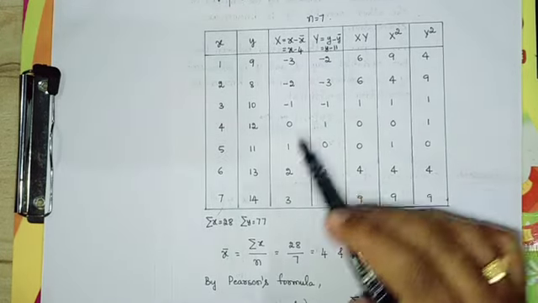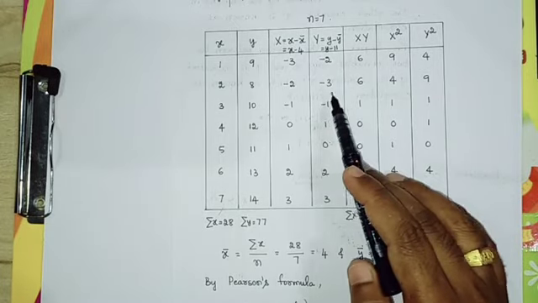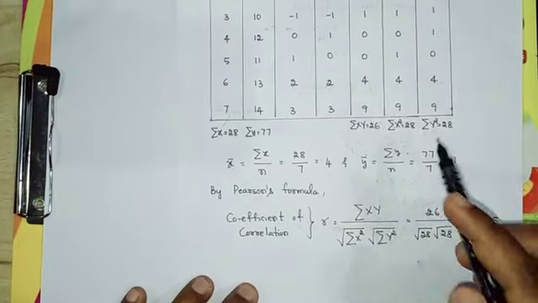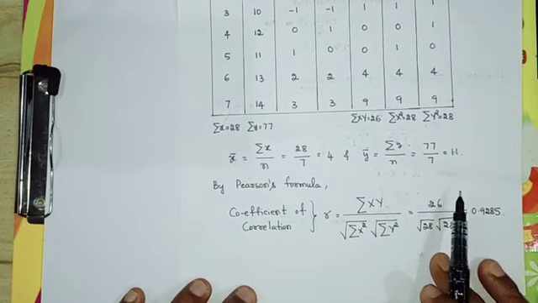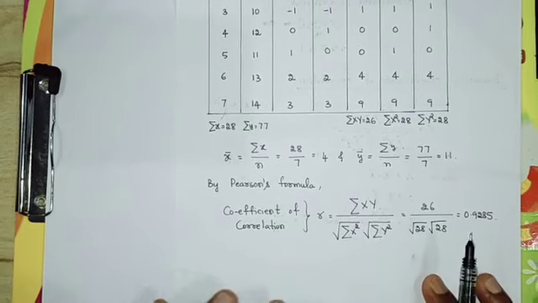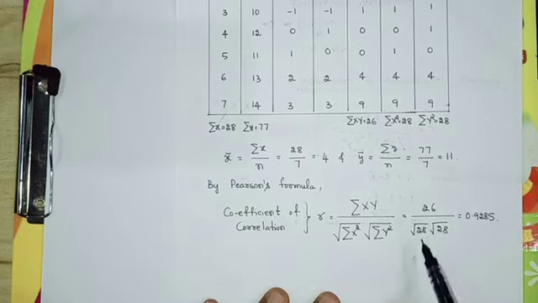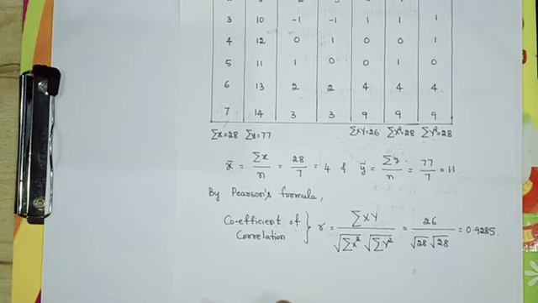Like that we need to calculate that. And we have Y values, minus 2 whole square is 4, minus 3 whole square is 9. Like that we need to calculate Y square. And of course we need to calculate the sum of these X into Y, X square and Y square, which are required in this formula. So after the calculation of this, just substitute these values here and we will get the coefficient of correlation.